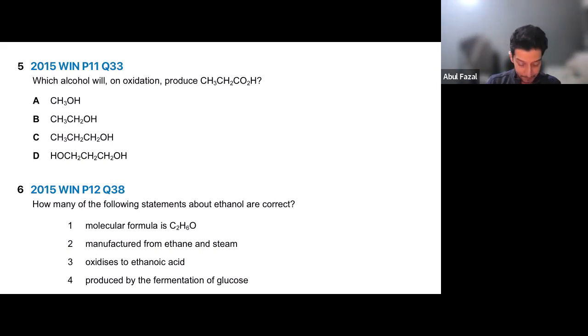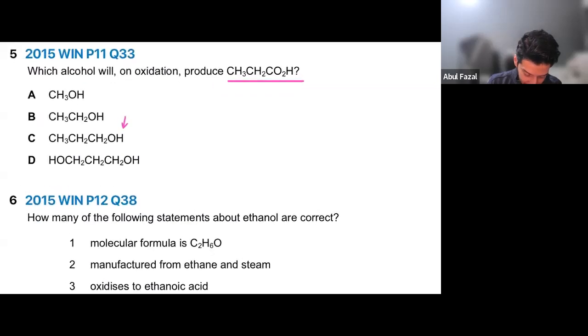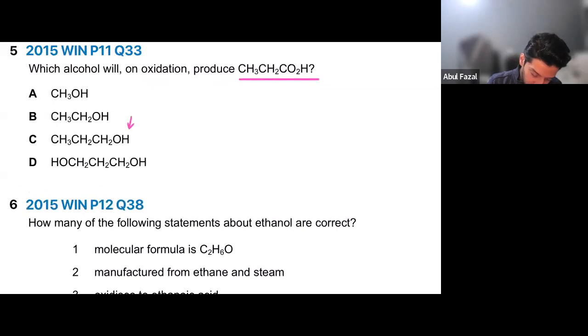What do you guys think? Propanoic acid. This is propanol. 1, 2, 3. This will do it.